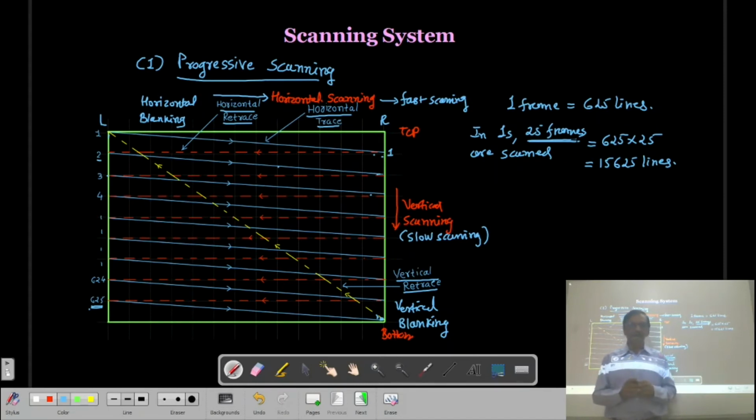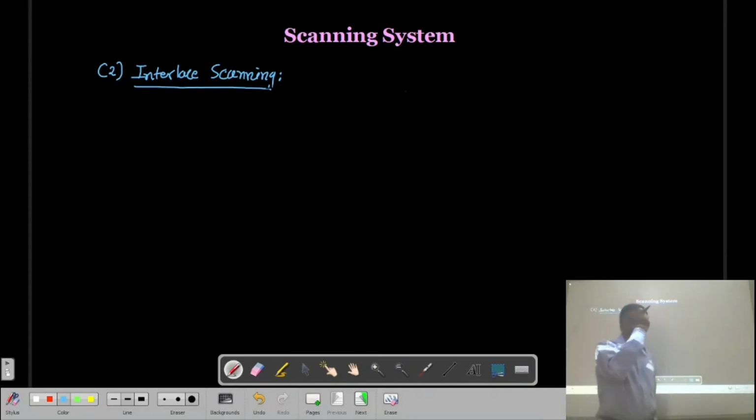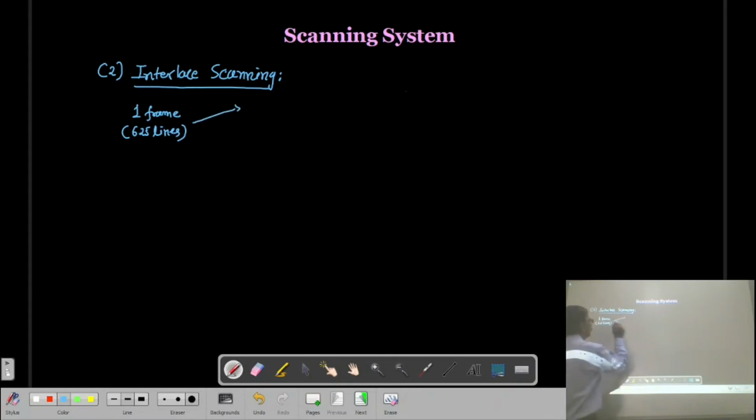So now let us see what is the interlaced scanning. This is very important scanning in a television. So in interlaced scanning, we have to increase the repetition rate of the frame so that you cannot observe flickering. And therefore, here whatever the frame is there, say the one frame. This frame means what? It is 625 lines. This frame is divided in 2 parts.